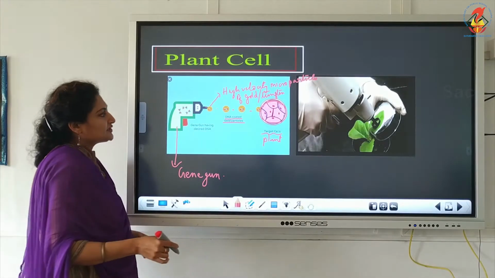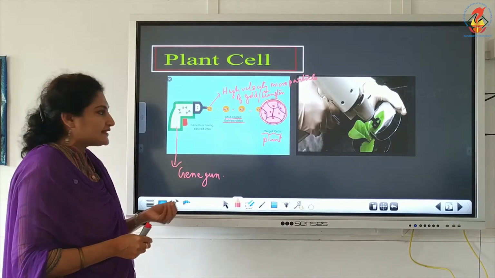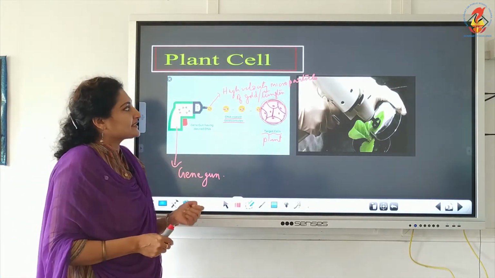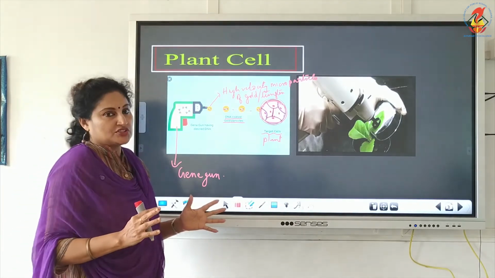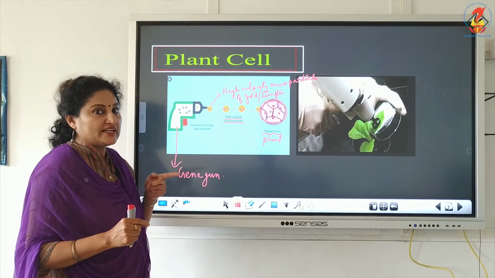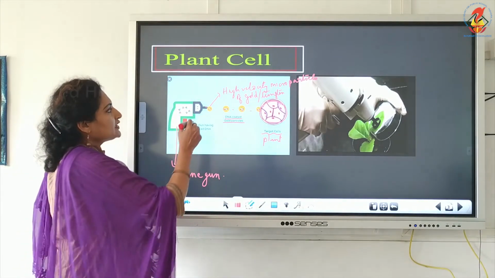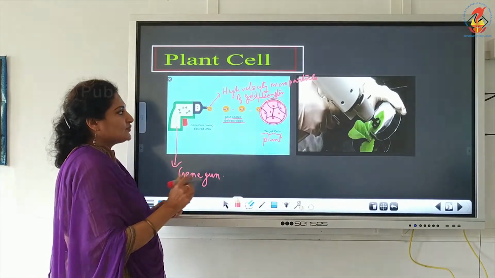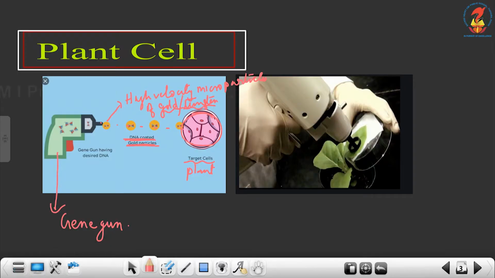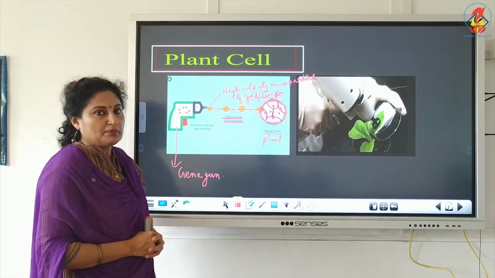So the procedure is like this. With the help of gene guns, what are the pellets? They are microparticles of gold or tungsten, and they travel at a very high velocity. These particles made up of gold and tungsten are coated with the DNA or gene of interest, and they are made to bombard the cell of the plant.